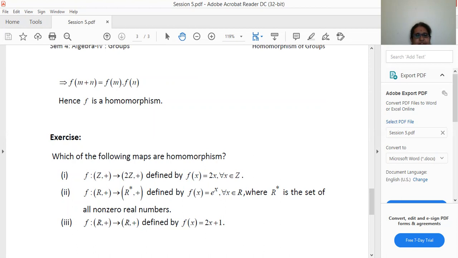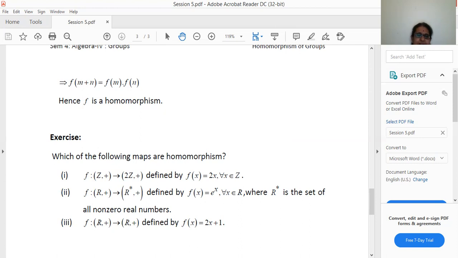So the mapping should be defined as f of x is equal to 2x, because the codomain set is 2Z, that is, all even integers, which are multiples of 2. The way the mapping is defined is also important. Suppose it was f of x is equal to x, then this would not have been a correct mapping itself.